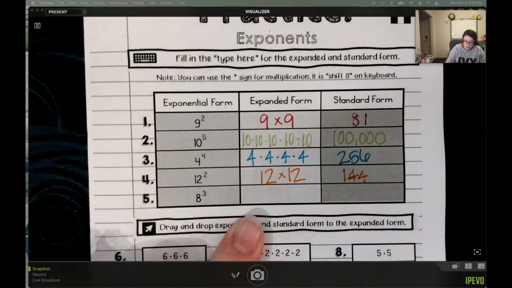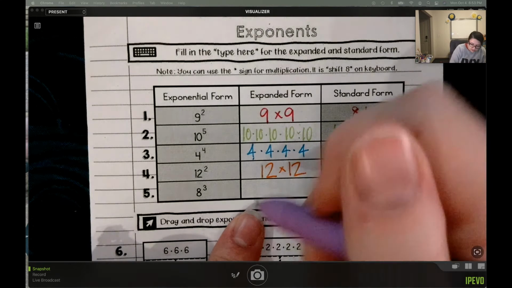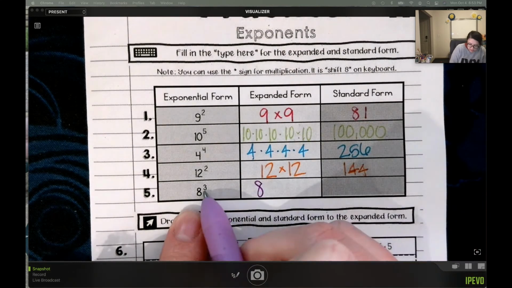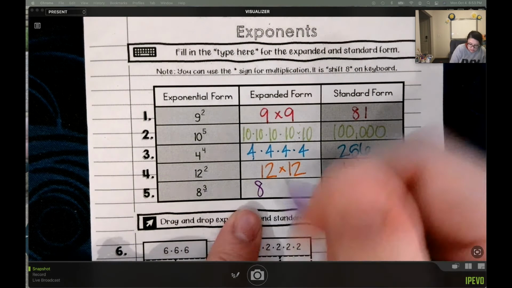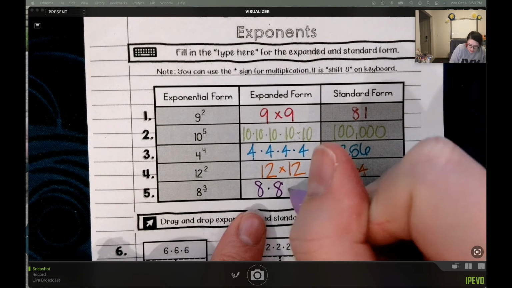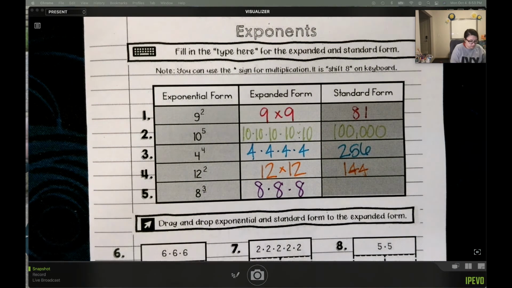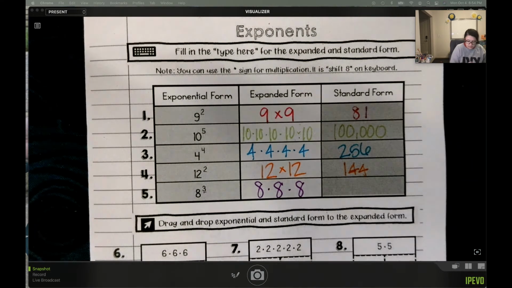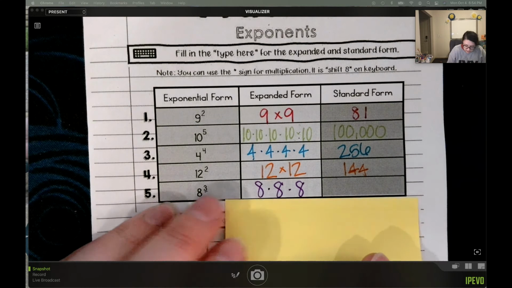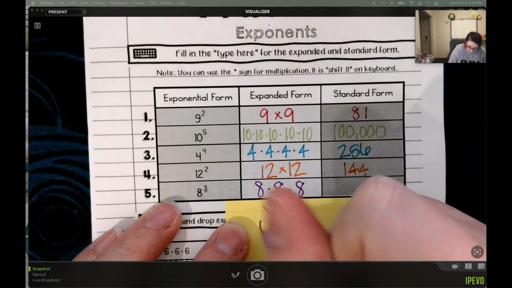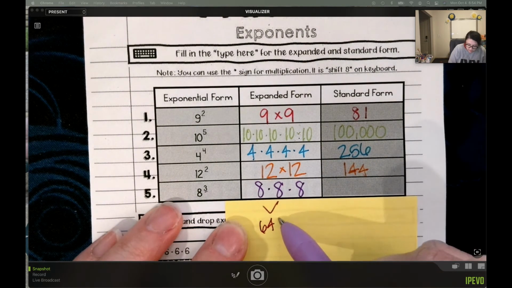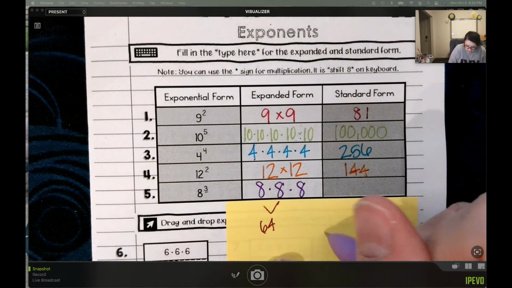And then the last one, 8 cubed, because whenever we have the exponent of 3, remember we say that's cubed. 8 times 8 times 8. Well, I know that 8 times 8 is 64. So now I have to do 64 times this 8.